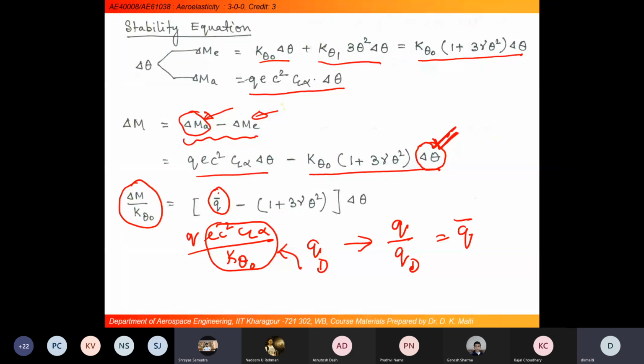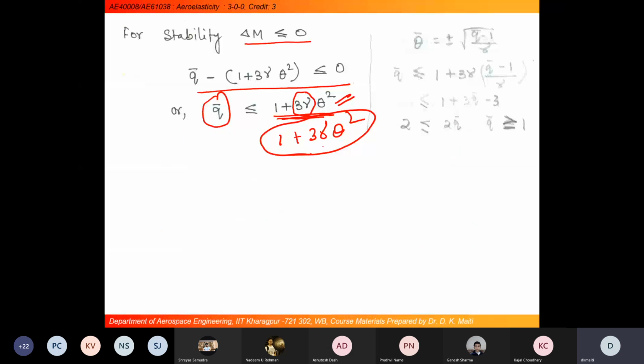Whatever you are saying, delta theta, we are considering here in the positive sense. If it is negative, then it will be reverse. But in general, when I'm taking a positive theta, if I take negative, then it will be greater than or equal to, and if you rearrange, you will get less than or equal to that.